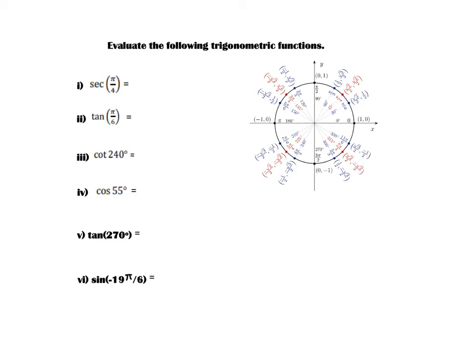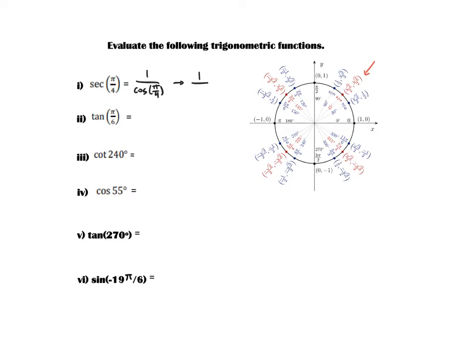So secant pi over 4. I'm going to find pi over 4. Okay, cool. How is the secant related to either the cosine or the sine? Well, I would say that the secant is the reciprocal of the cosine. And as you get good at this, you don't have to write down this initial step.